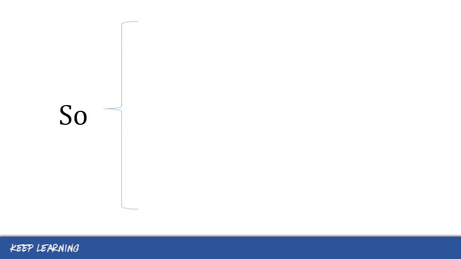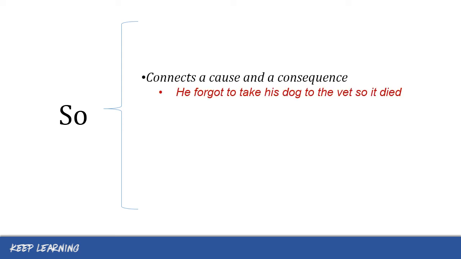And the last one is so. And so really connects a cause with a consequence. That's the main issue here. He forgot to take his dog to the vet, so it died. The consequence is that the dog died, and the cause is that they never took him to the animal doctor, the veterinary.